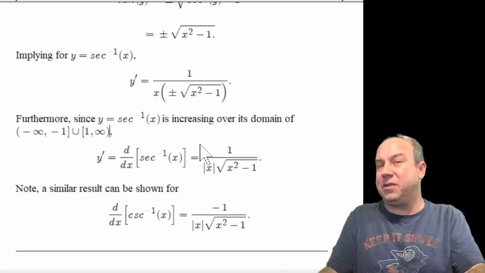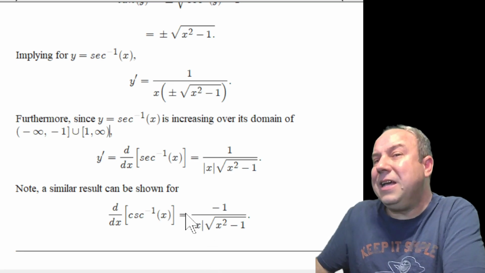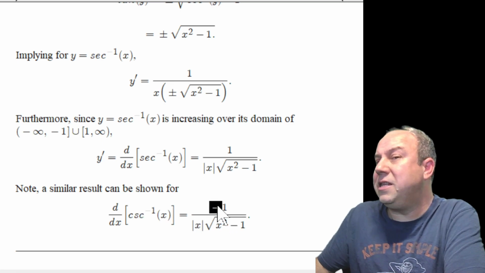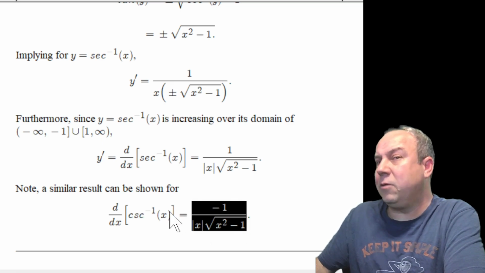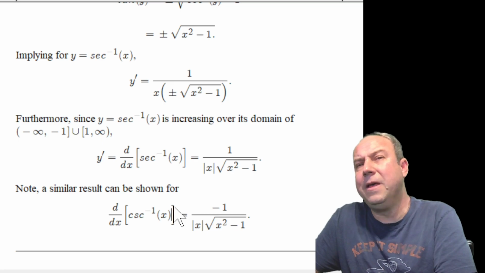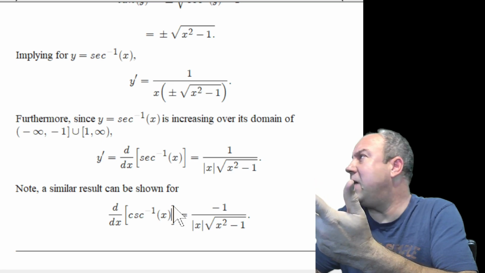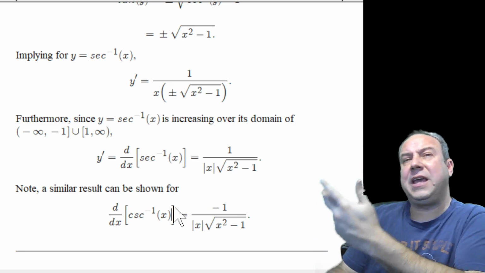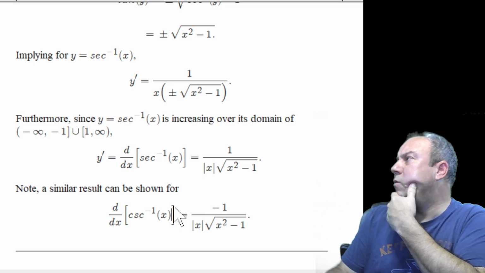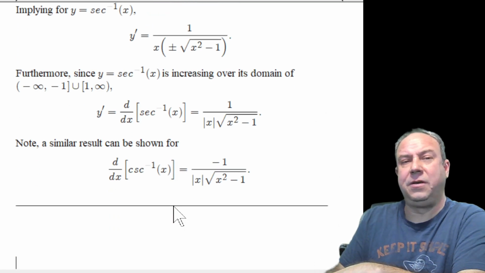Again, it's just the opposite of what we see for the secant. Right? It's strictly decreasing over its domain. So we end up having to use the opposite of this statement we saw for the case of the secant inverse. All right. So those are the proofs for sine, tangent, and secant, and what we can say are there are similar proofs for the cases of cosine, cotangent, and cosecant functions, where the results will always just be the opposite of their cofunction counterparts for the inverses.